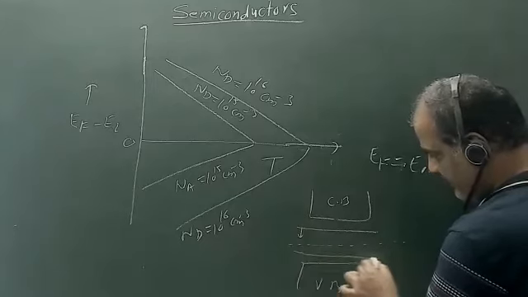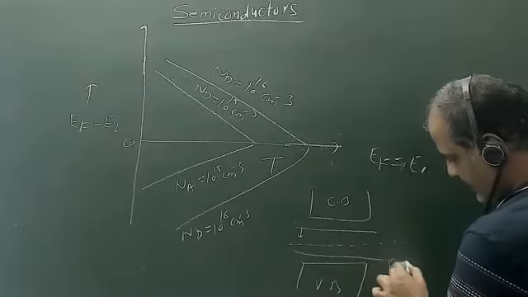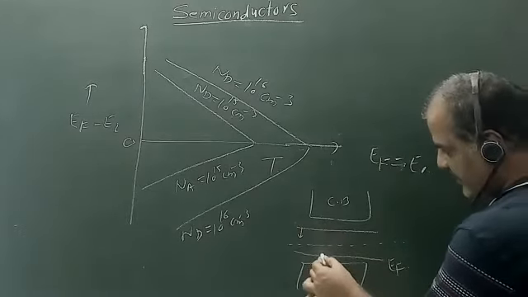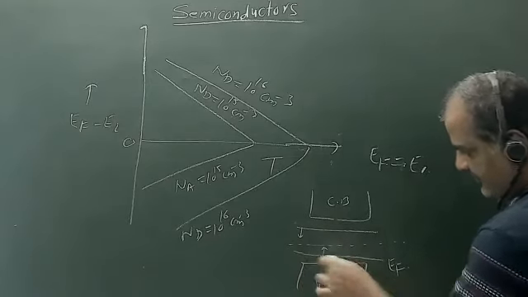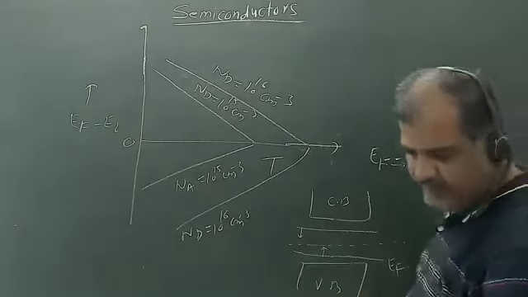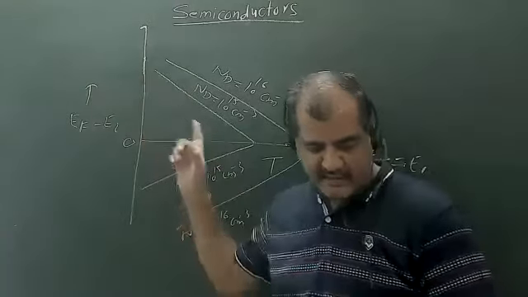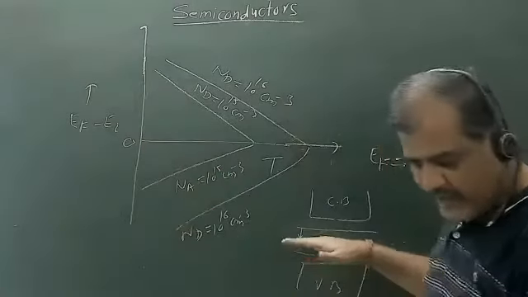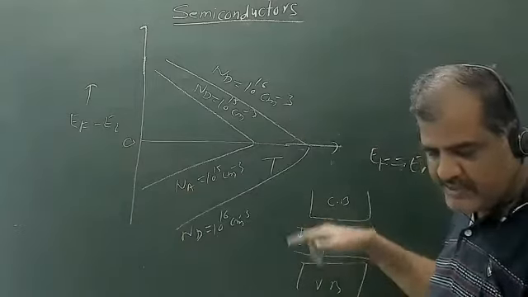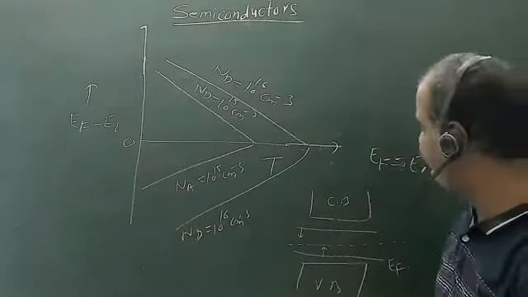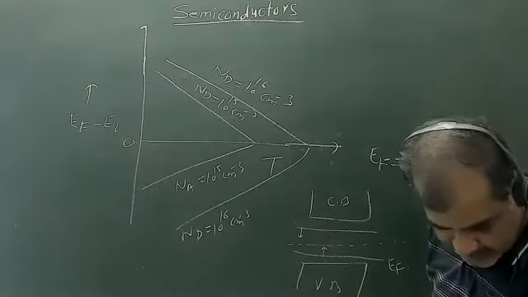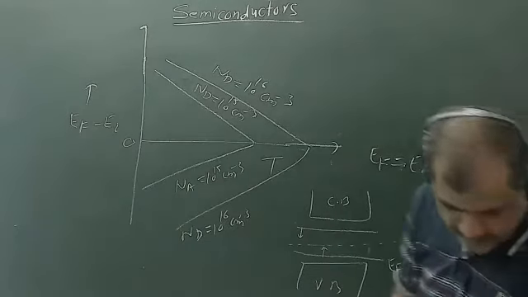Similarly in p type your Fermi level is here, with increase in temperature this will approach the Fermi level of intrinsic, because conductivity धीरे धीरे intrinsic होती जा रही है, okay. So the Fermi level also again will come towards the middle of the band gap, okay. Am I audible? Yes, sir.